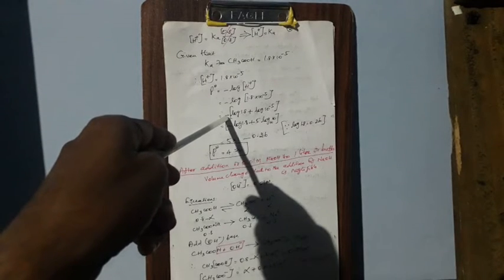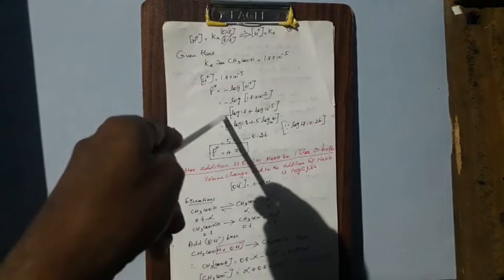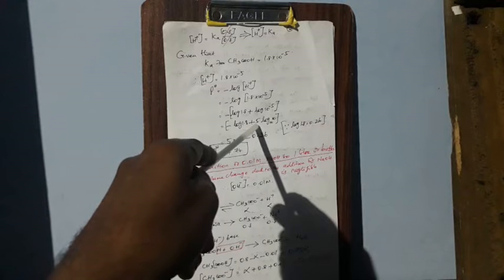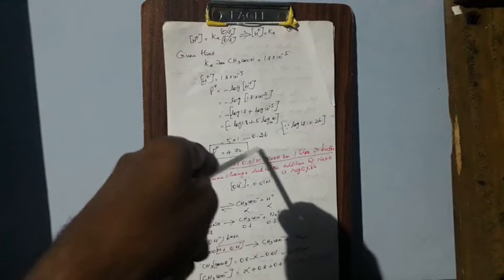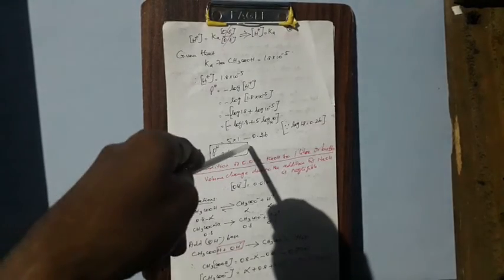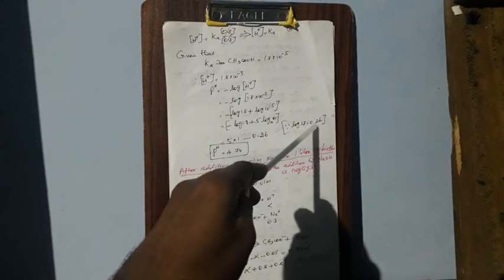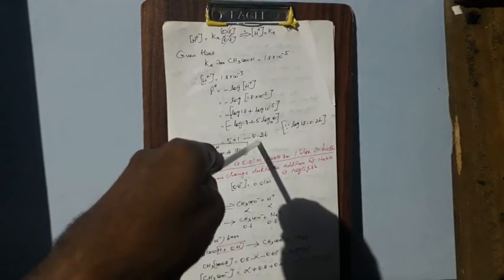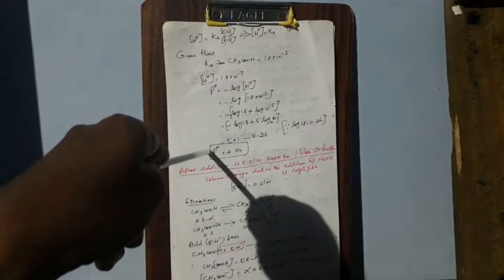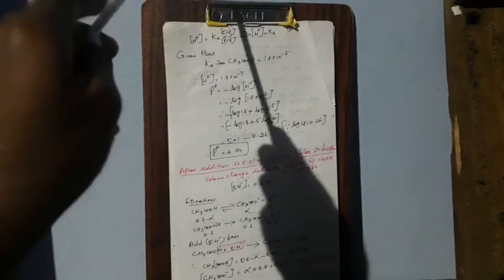Outside, minus into minus gives plus, so we write plus 5. Understand? Now 5 minus log 1.8, which is 0.26. Filling the value, pH is equal to 4.74. This is the final value before adding the salt solution.